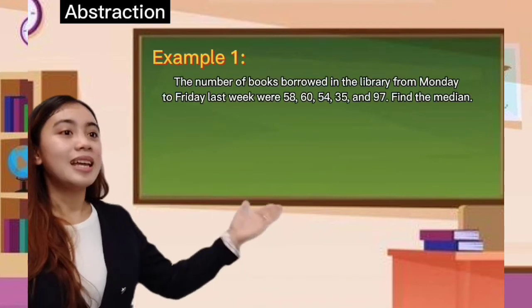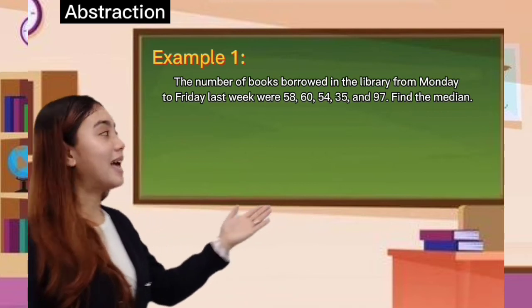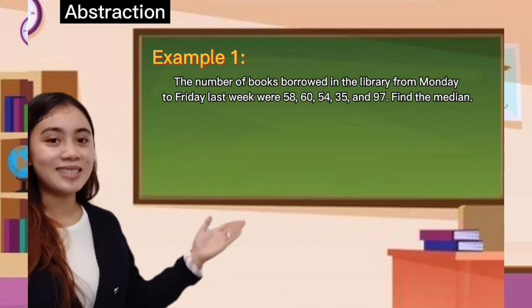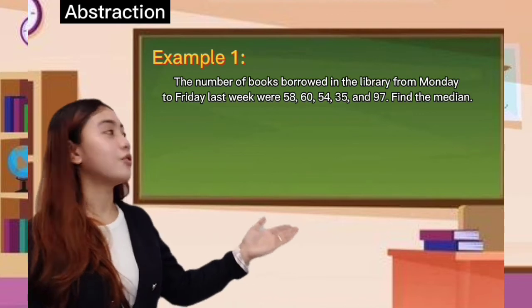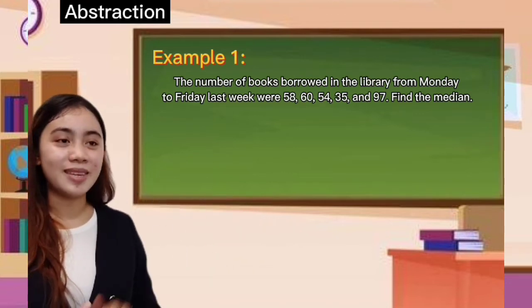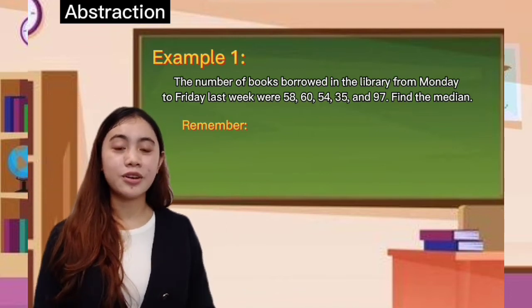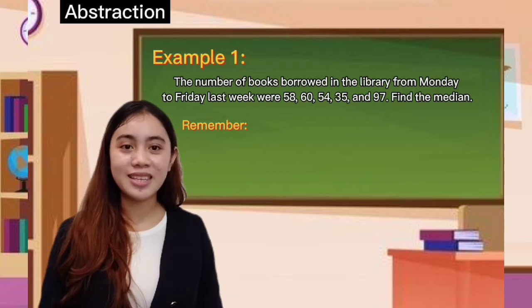Please read. The number of books borrowed in the library from Monday to Friday last week were 58, 60, 54, 35, and 97 respectively. Find the median. But before we find the median, let us always remember the first rule in finding the median.